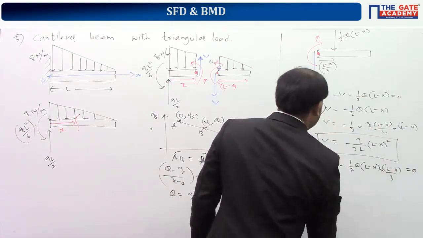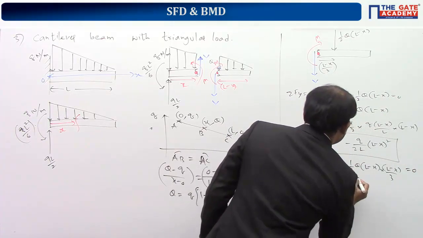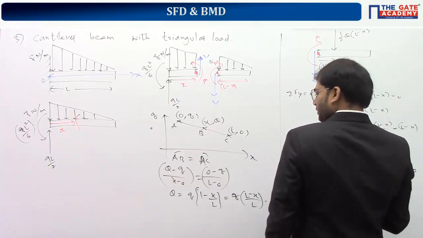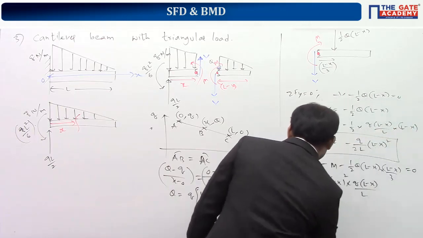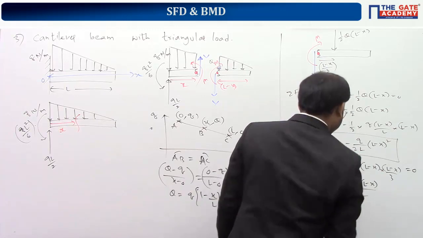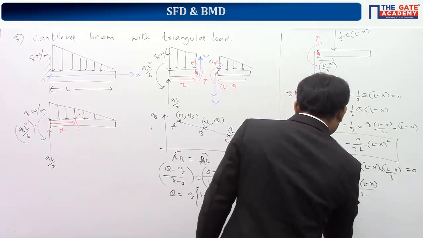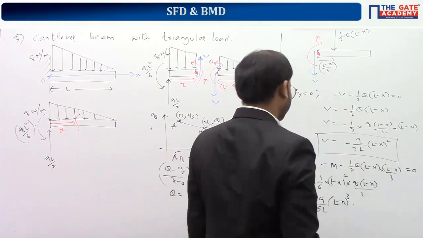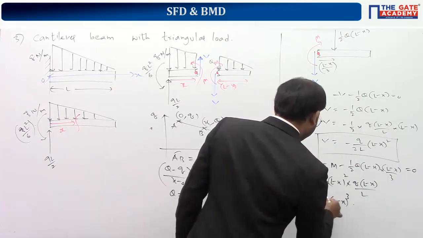So this gives you M is equal to 1 by 6 L minus x whole square into capital Q. Capital Q is given as this one here, so small q into L minus x by L. So M is equal to q by 6L into L minus x whole cube, with a negative sign. So this is the equation for M.